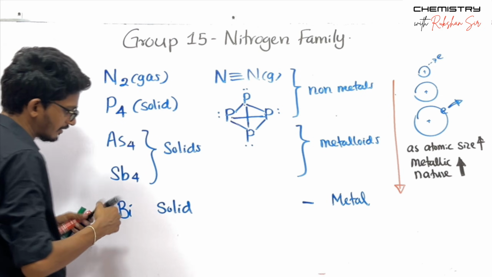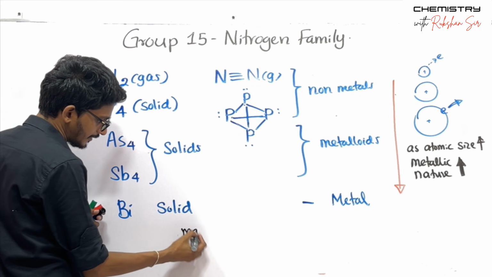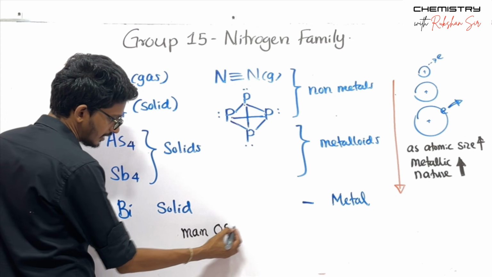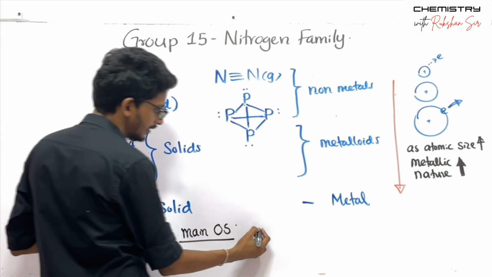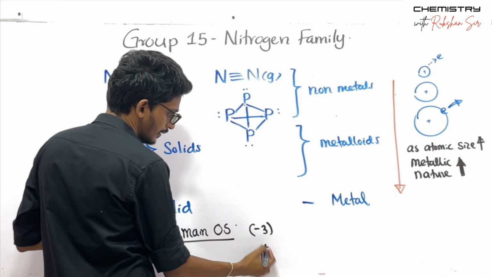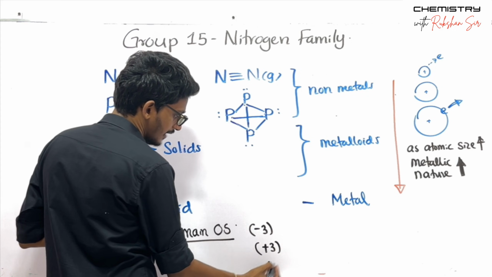The main oxidation states available with group 15. When it comes to main oxidation states, you can observe the appearance of -3, +3 and +5 as the major oxidation states there.